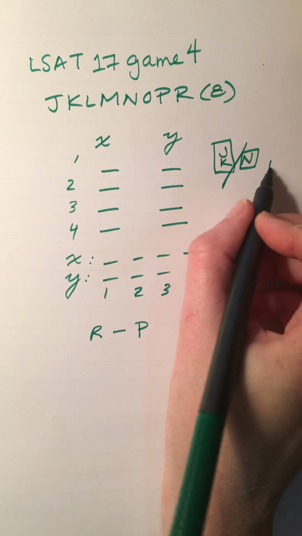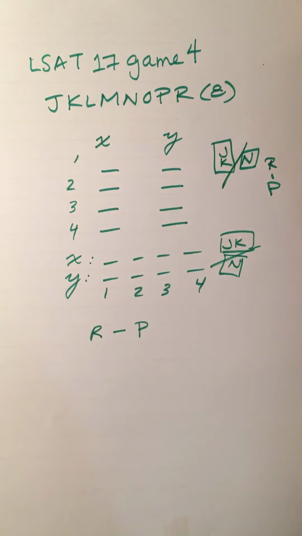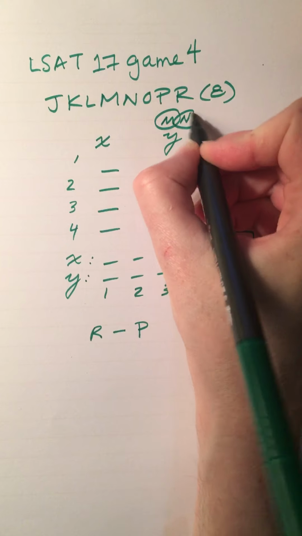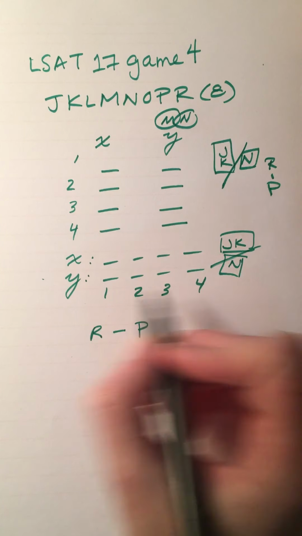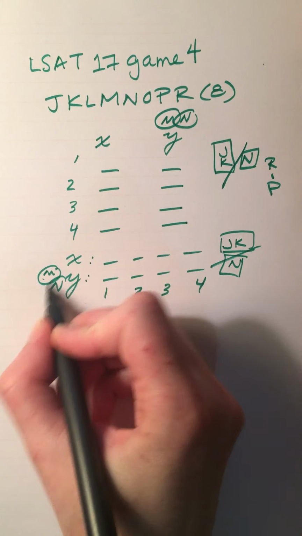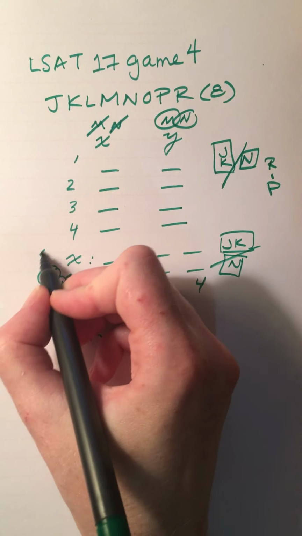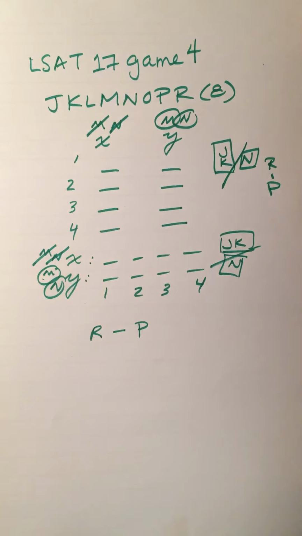And up here, again, I'm going to keep it consistent with the way that we've drawn it. M and N are both on team Y. I mean, that's really nice. M and N, both on team Y. I can also, just to make it super obvious, say that they're not going to be on team X. And neither J nor M runs third.